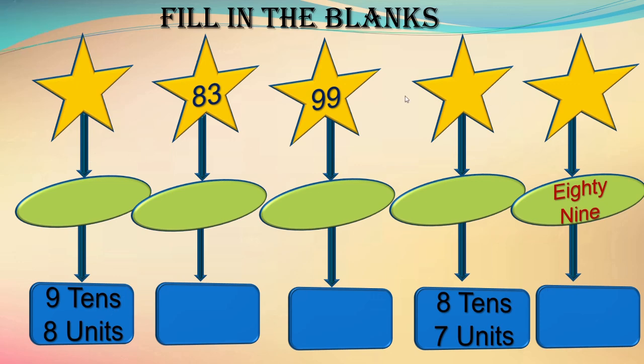You have to fill all these shapes. Okay, you can draw this in your notebook and complete this in your notebook. Then show it to your mother, father or teacher or your elder sister or brother. Okay, got this?